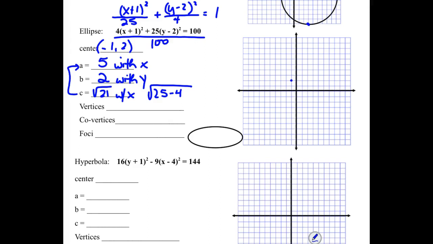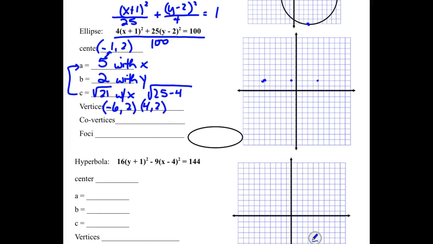We know we want to go 5 in the X direction. So we can plot our vertices. What are the coordinates of those vertices? We're adding 5 to our X coordinate. Okay, (-6, 2) and (4, 2).